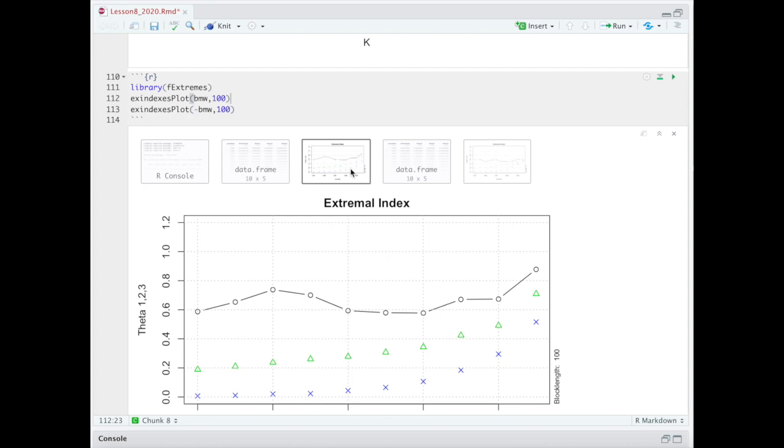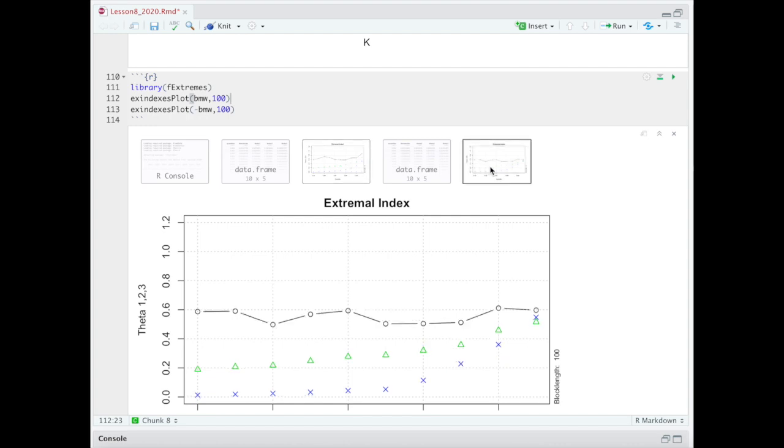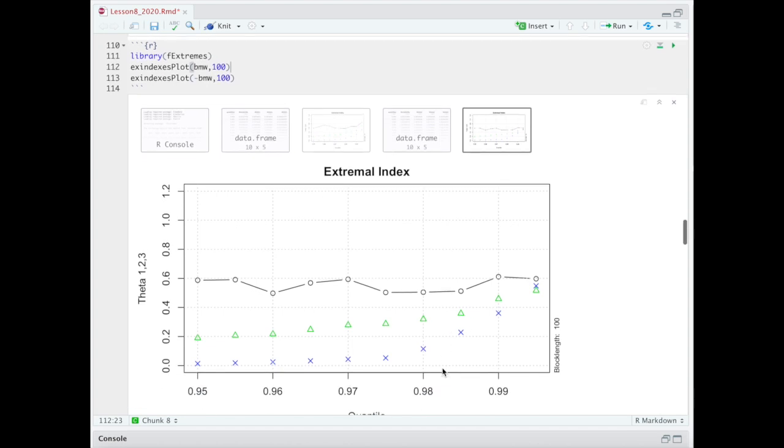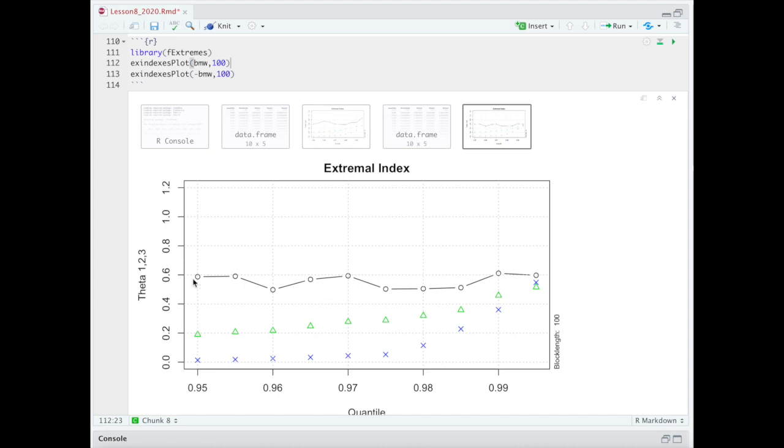The only thing is that you have to be careful, because if you use this function and look at the returns and the losses, you see that you have three different series. The only interesting series for us is the black one here. We can ignore the other two. The other two are the so-called theta 2 and theta 3, that are other ways of estimating the theta parameter using runs or using, for example, the mean cluster size.